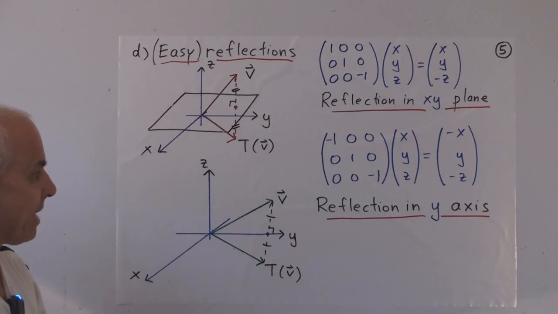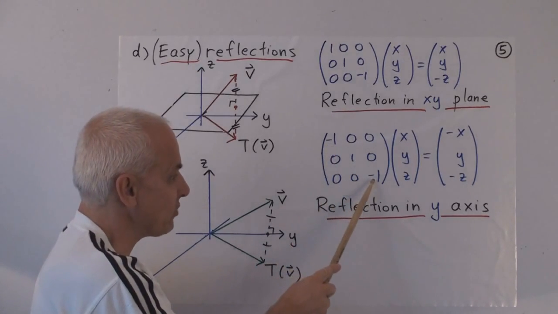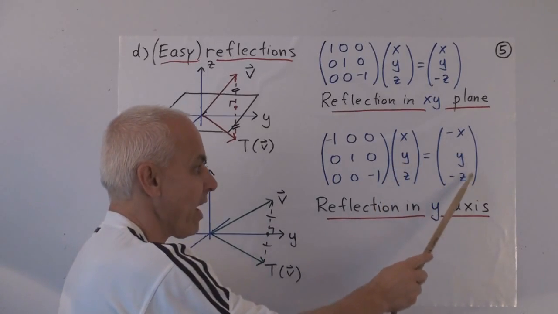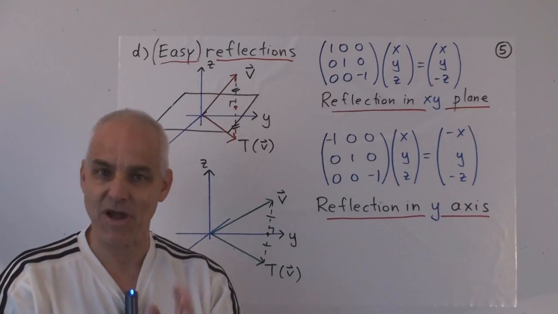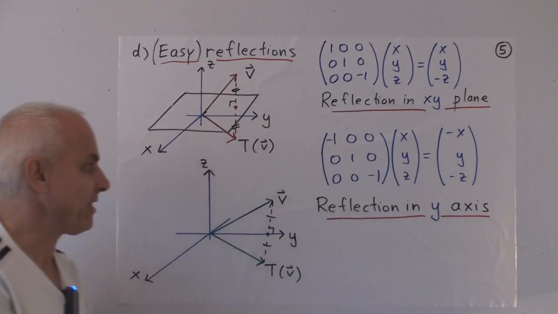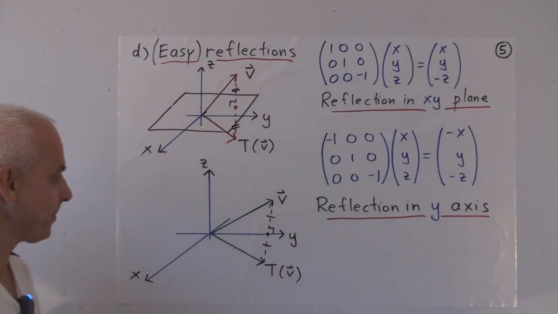Here's another example of a reflection. In this case, the matrix has entries -1, 1, and -1, and x, y, z is sent to -x, y, -z. This is also a reflection, but of a different kind. The y-coordinate has stayed unchanged, but the x and the z coordinates have been multiplied by -1.